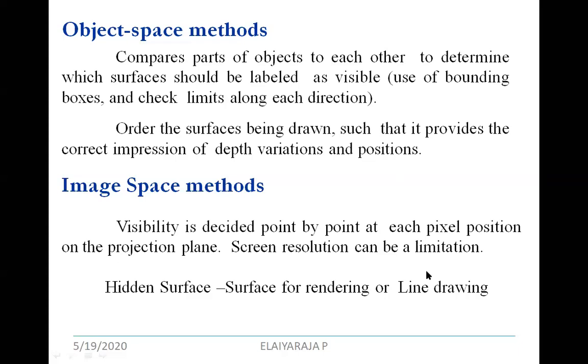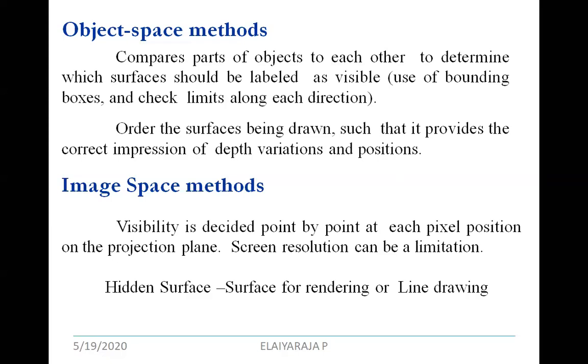So this is about your image space. Basically, in the image space method, graphics are represented in the form of raster or rectangular pixels, what we discussed in scanline polygon fill, right?